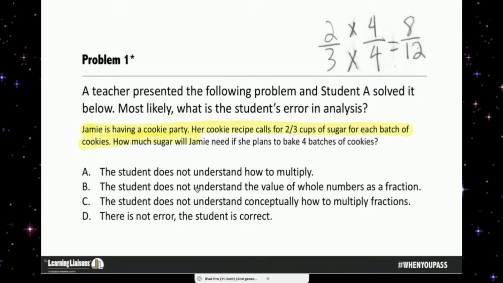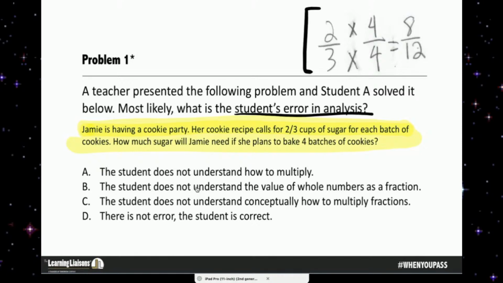How much sugar will Jamie need if she plans to bake 4 batches of cookies? So that is the word problem that we're dealing with. And now we are trying to figure out what is the student's error in analysis.